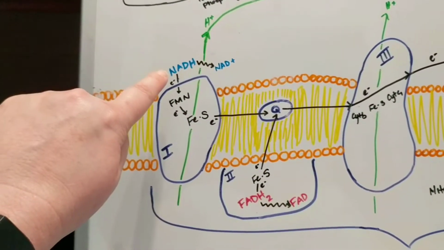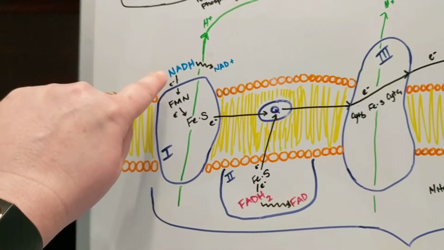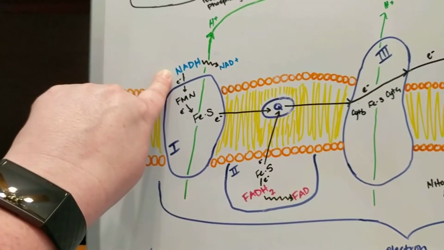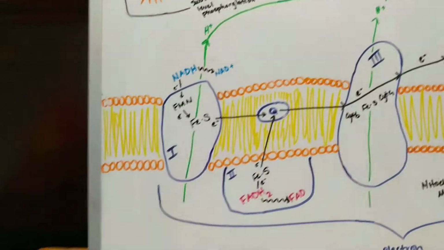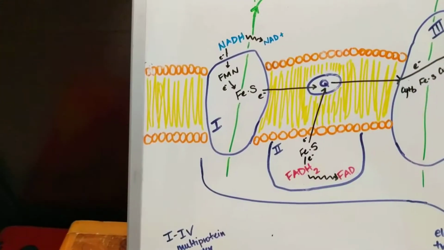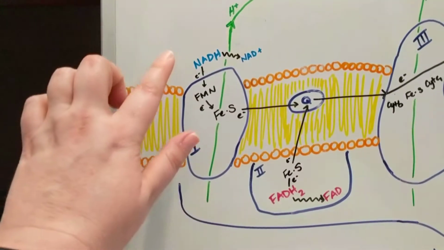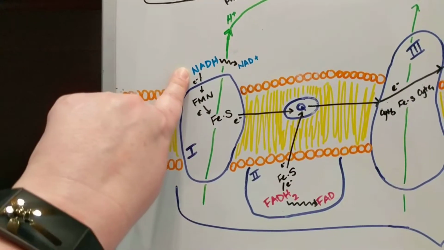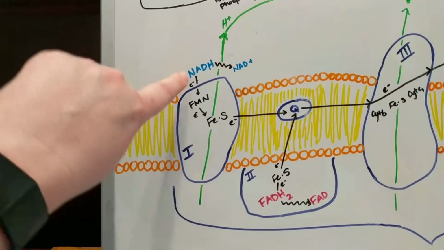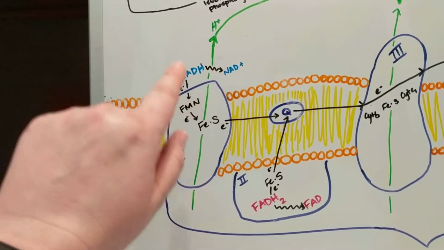Well, this is that same NADH enzyme. Here the NADH oxidizes by losing an electron, and this is what starts the electron chain.